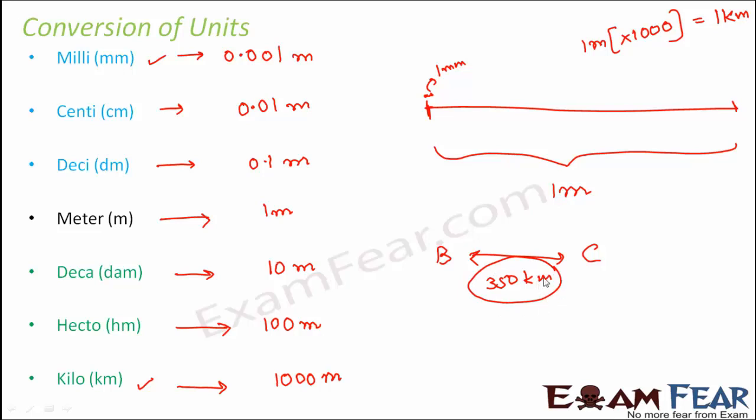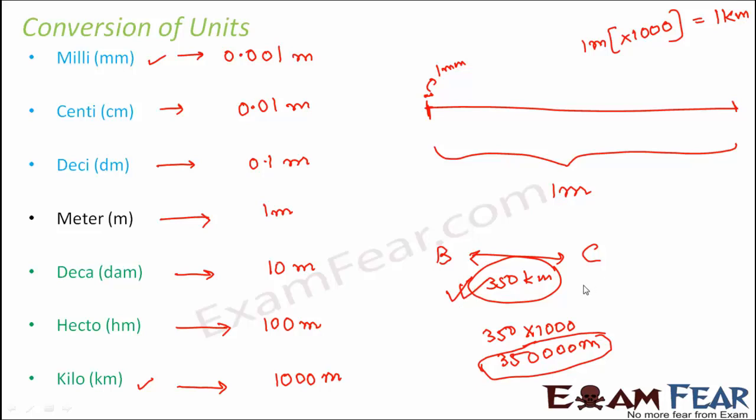If you try to write the same distance in meters, how would you write? 1 kilometer is equal to 1,000 meters, right? So 350 kilometers would be equal to 350 into 1,000 meters, that would be 350,000 meters. Now you tell me which is more convenient. Is it convenient to write 350 kilometers or 350,000 meters? Obviously, 350 kilometers is more convenient.